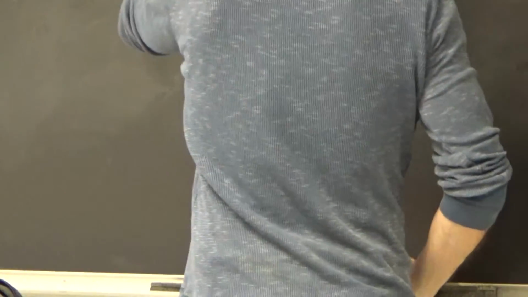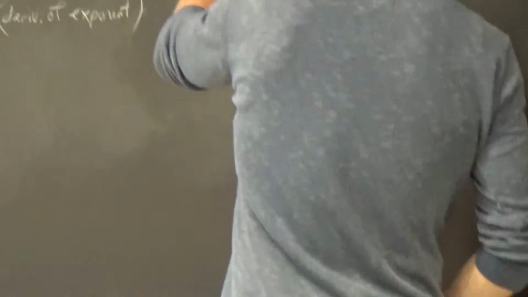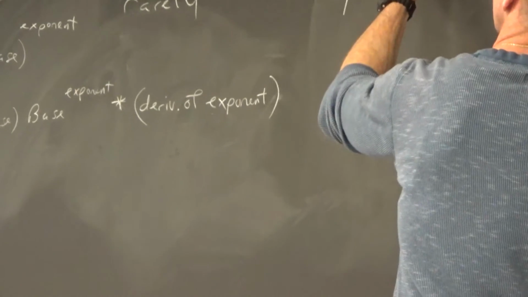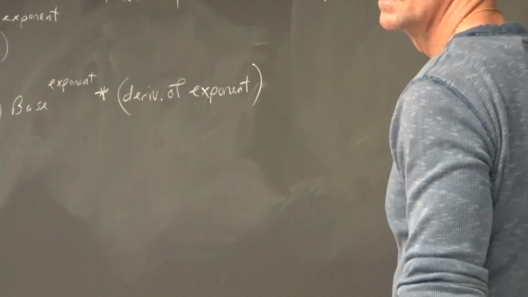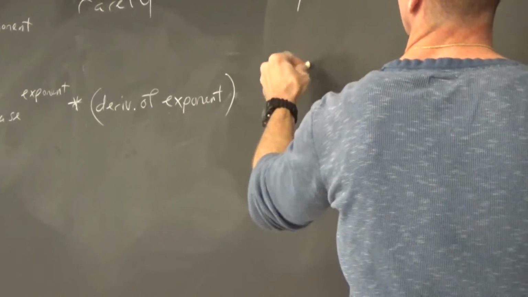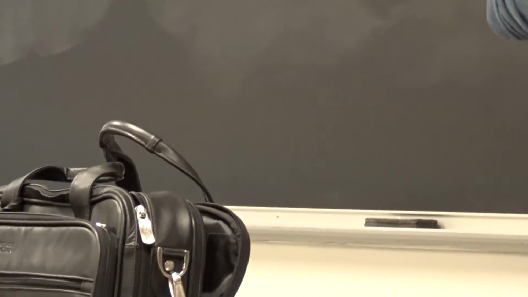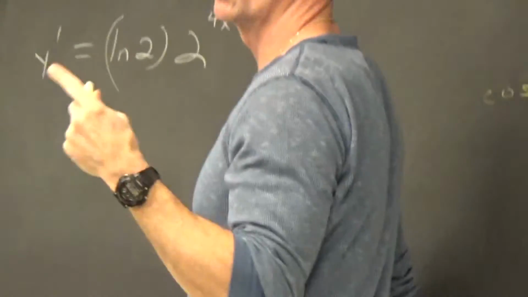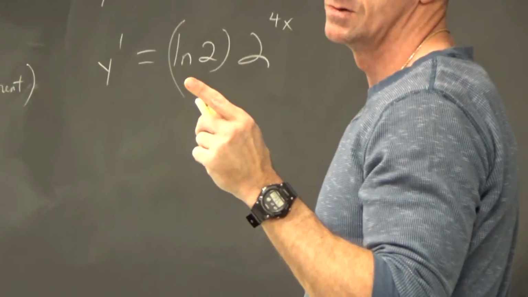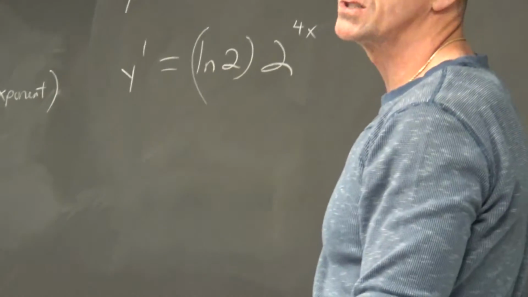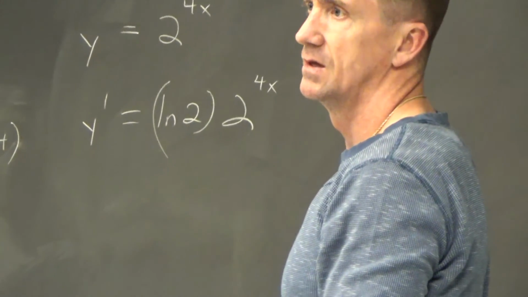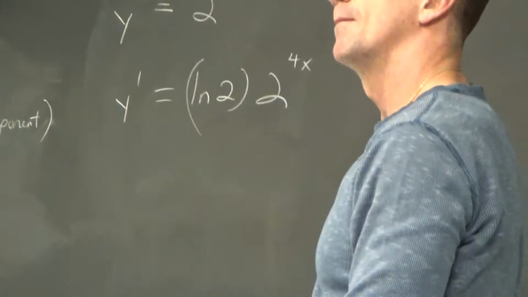So before I do this, how about this guy? 2 to the 4x. I'm going to find that derivative. First of all, natural log of what number? 2. And when we rewrite this, 2 to the 4x. Now, before you leave that as your answer, tell you what's the derivative of 4x. See right there, that's the f prime of g.